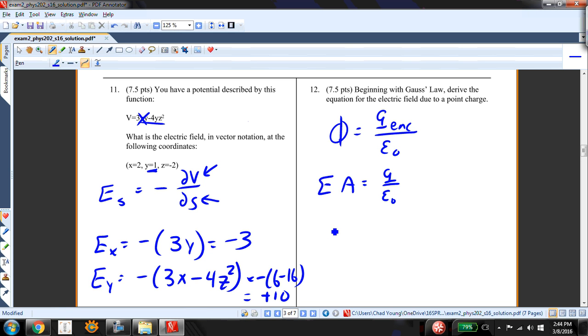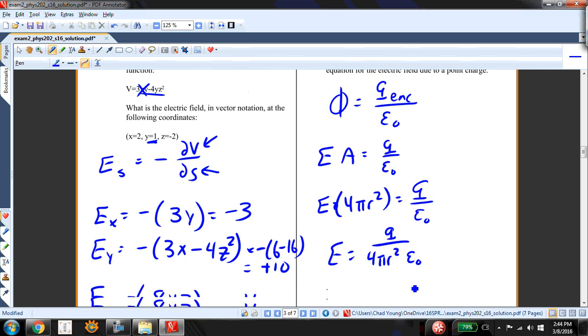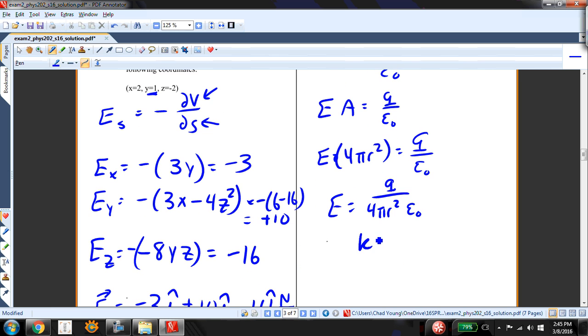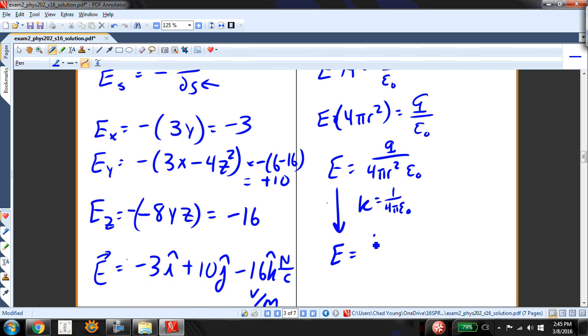And then if I assume a spherical surface, my area is 4 pi r squared, equals Q over epsilon naught, and then E is Q over 4 pi epsilon naught r squared. Now we recognize that k is equal to 1 over 4 pi epsilon naught, and that gives us the expression for the electric field, kQ over r squared.